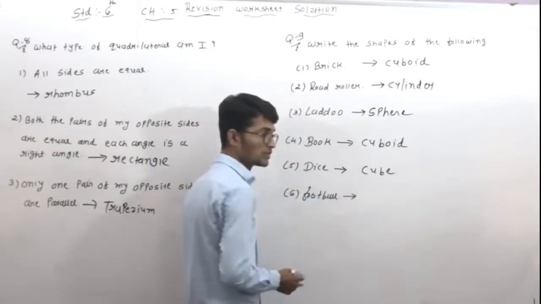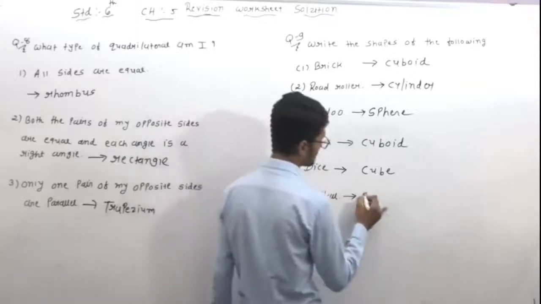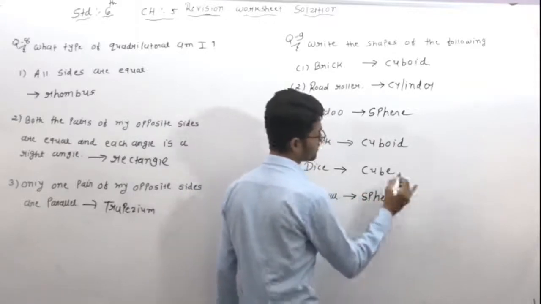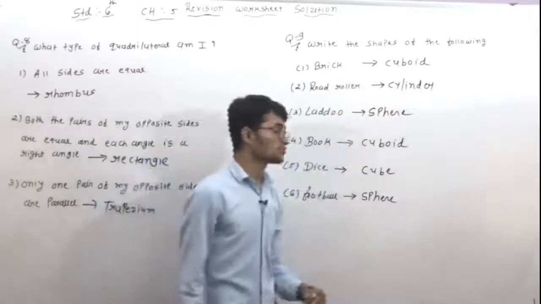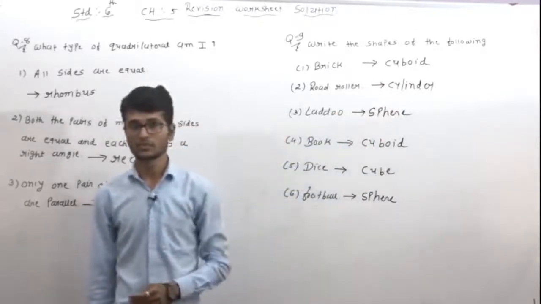Then the football, the round shape means sphere. So these are all three-dimensional names: cuboid, cylinder, sphere, cube. Okay?